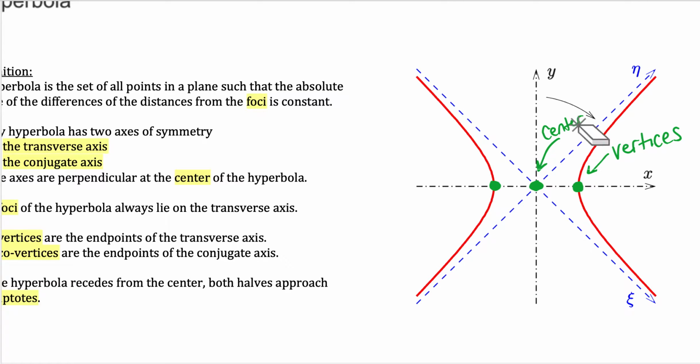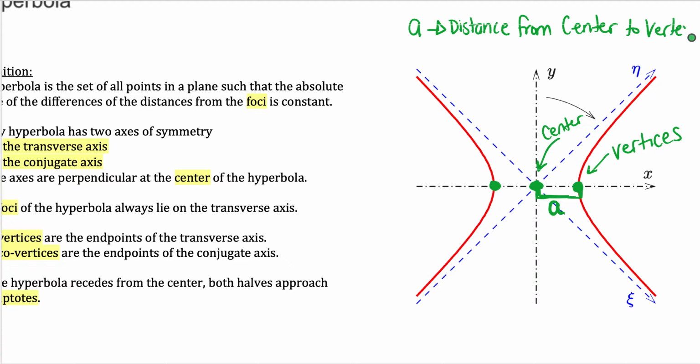Okay? Now, just like an ellipse, the distance from here to here, from the center to a vertex, is A. So, A is the distance from the center to the vertex.